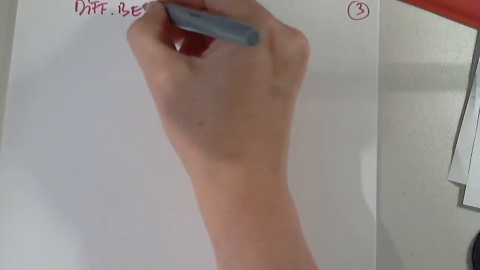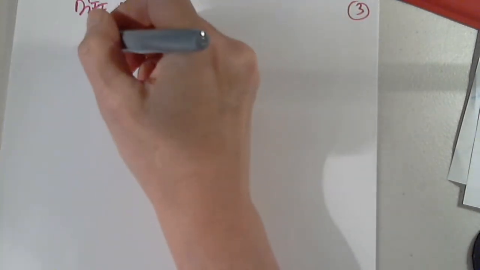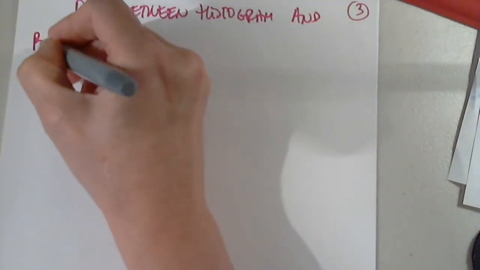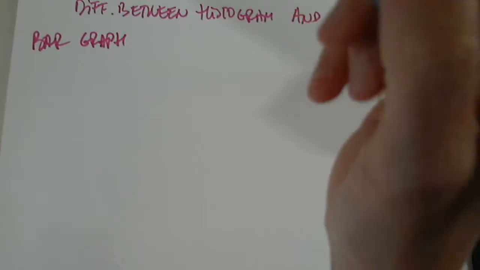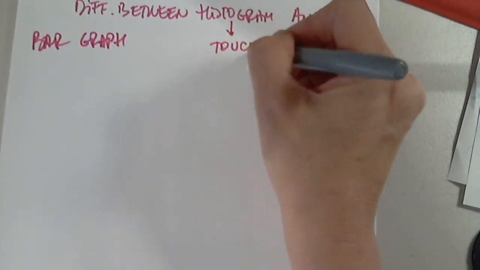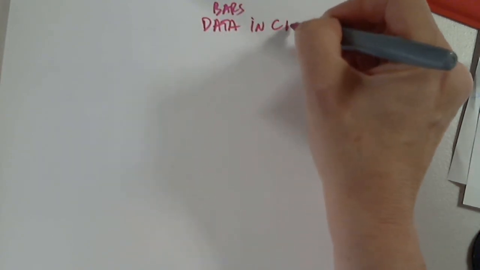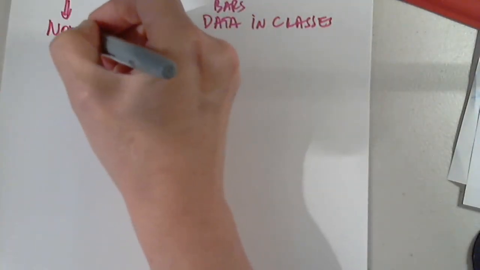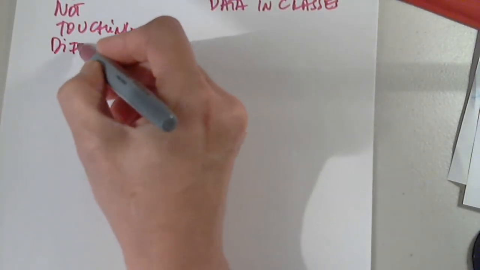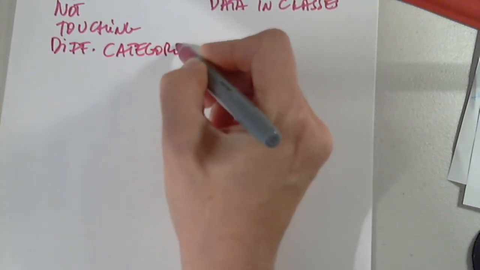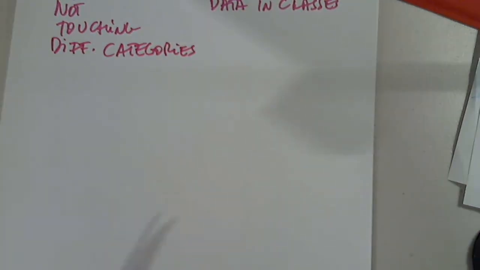So the difference between histogram and bar graph: in a histogram, the bars are touching and the data is lumped in classes, grouped. In a bar graph, the bars are not touching, and there are completely different categories. Perfect, moving on.